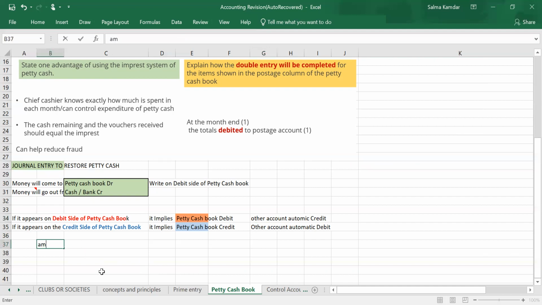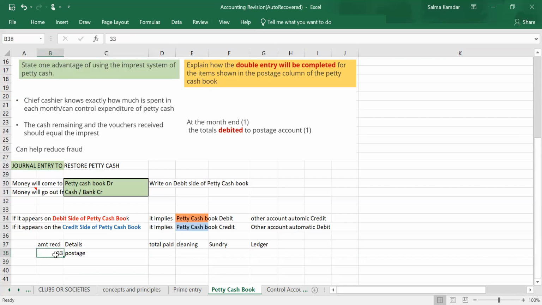For example, you have some columns like amount received, details, total paid, and then some expenses. I'm just putting two expenses, cleaning and sundry, and a ledger column. If any amount is written over here, 33, and in details it is written postage, this item is on the debit side of the petty cash book.